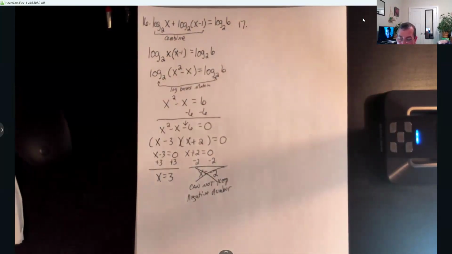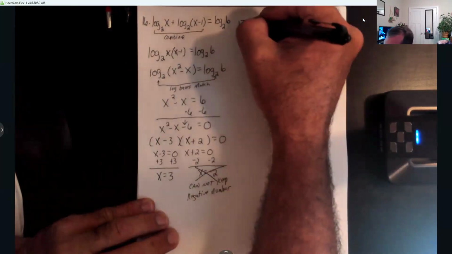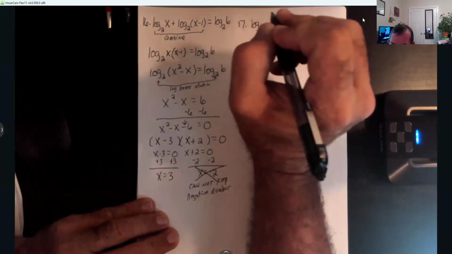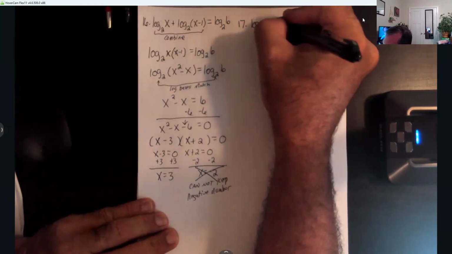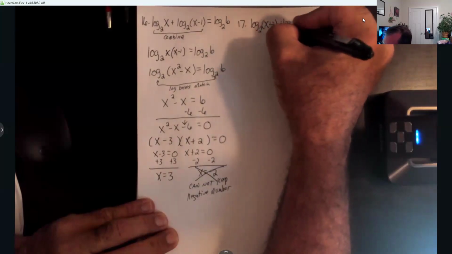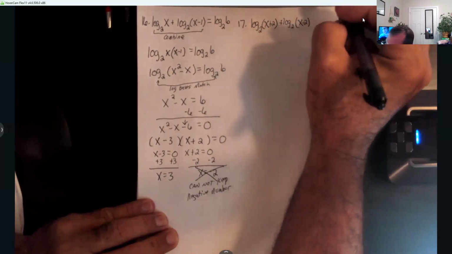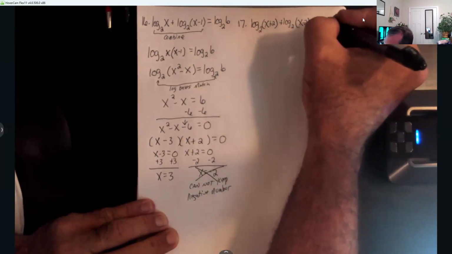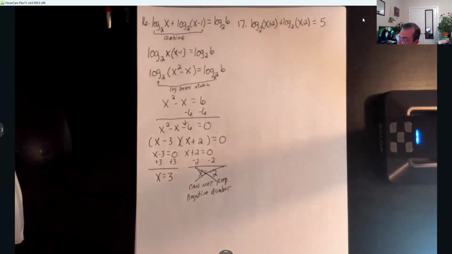All right, y'all. So they got one more for us. So let's see what we got here. Log base 2 of x plus 2 plus log base 2 of x minus 2, all of that equals 5.